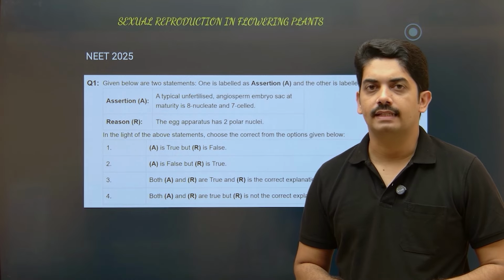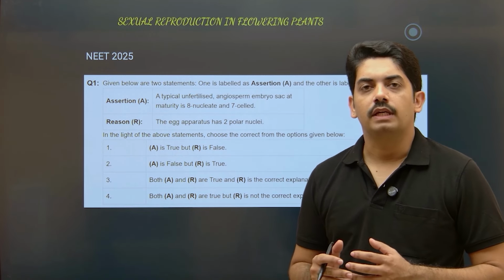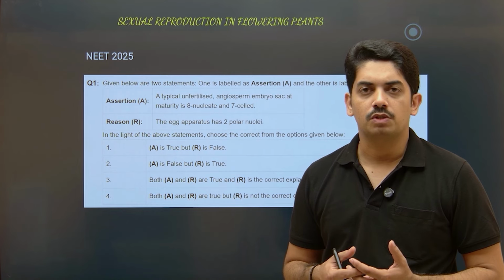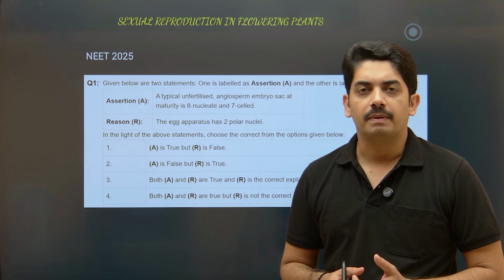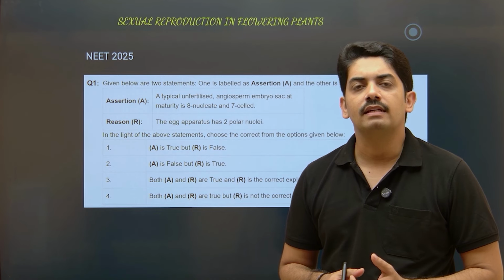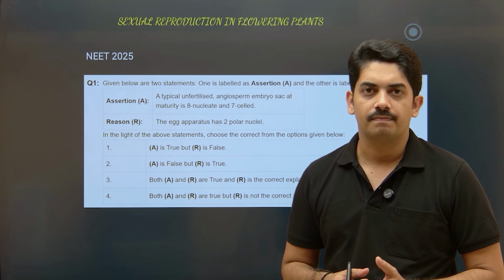Okay, let us continue with the previous year questions asked in the NEET examination. The purpose of explaining the previous year NEET questions is, whenever we are studying any topic, we should be very clear in our mind that we are preparing for an examination.